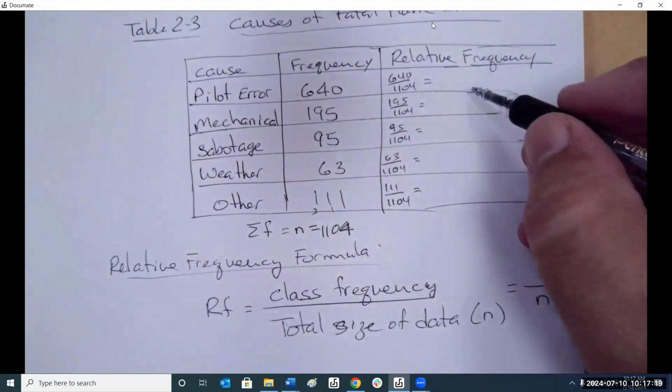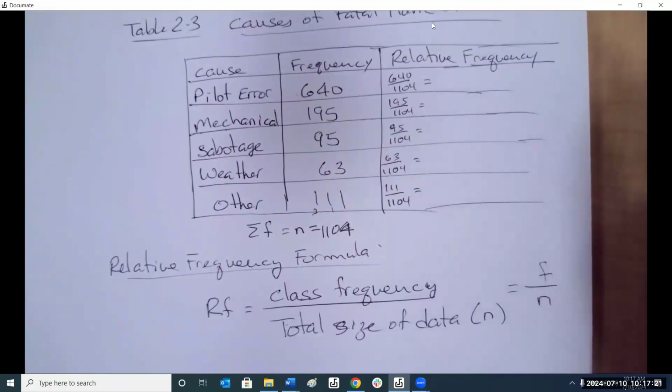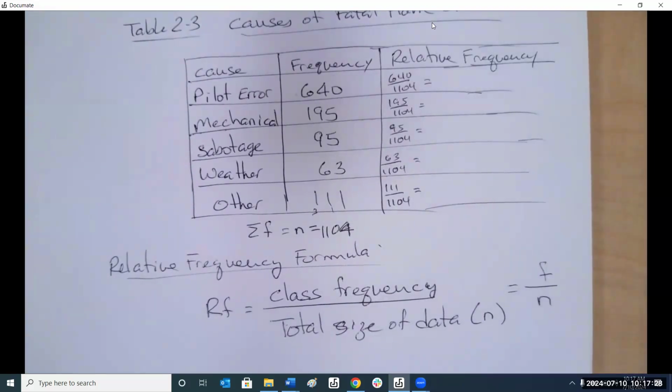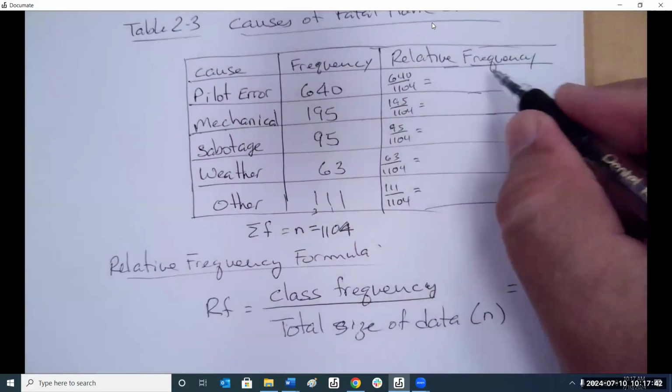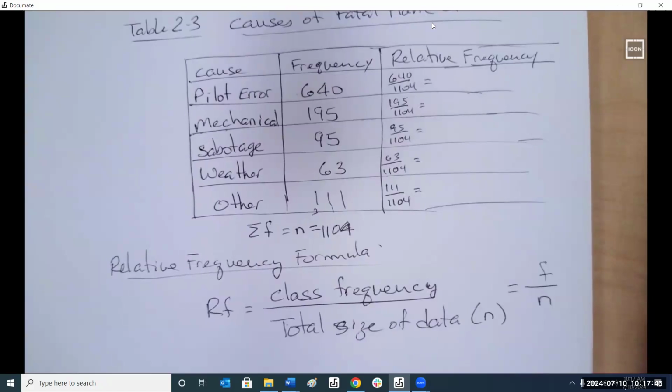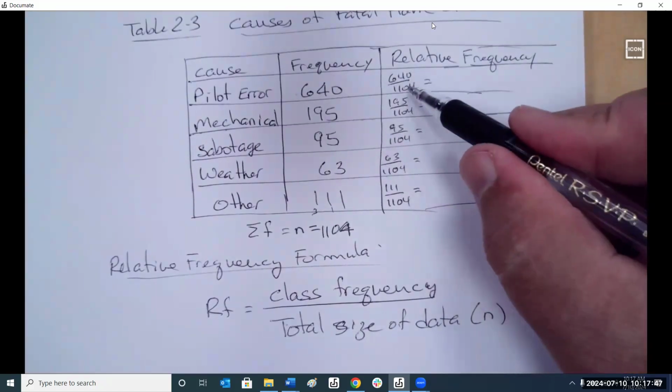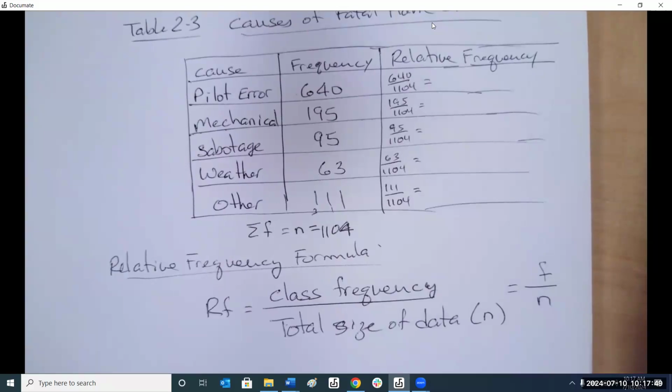So what's the first one? So what did you get for the first one? 640 divided by 1104. I know y'all have your cell phones out.